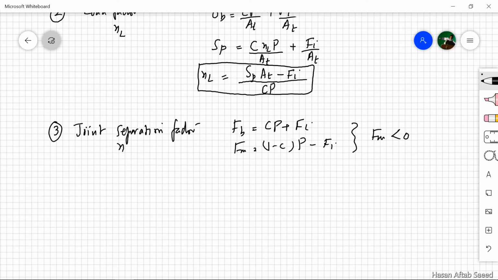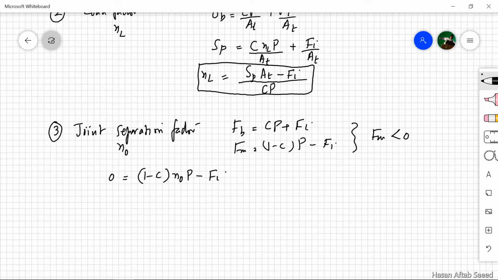Now this is called N0. When do we know joint separation has taken place? When this FM becomes 0. The moment it becomes 0, then there's no compression there. So putting in the left hand side 0, and then writing the rest of the expression, 1 minus C, and then we applied again this factor also applies only to the applied load, not the initial load, the preload that is already there. Okay.